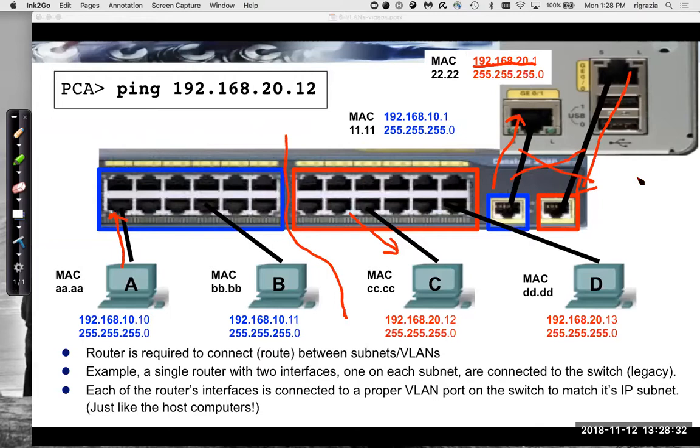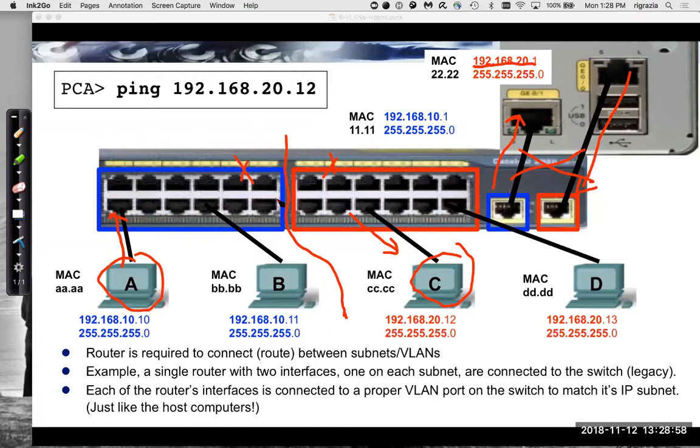But what I want you to see here is that we need a router to communicate between two devices on different networks, whether or not we're doing VLANs. That has nothing to do with these VLANs. We could have all these ports on the same VLAN. A and C still can only communicate with each other via a router.